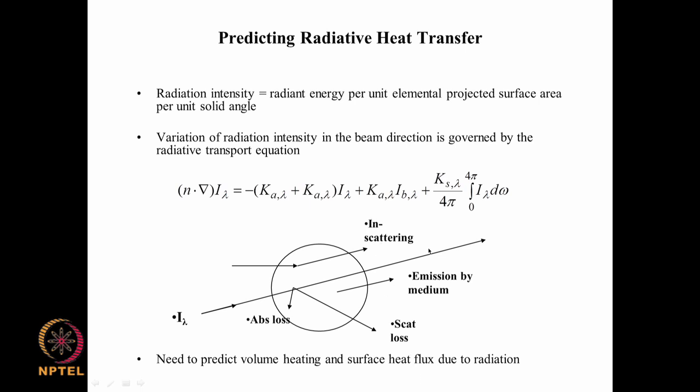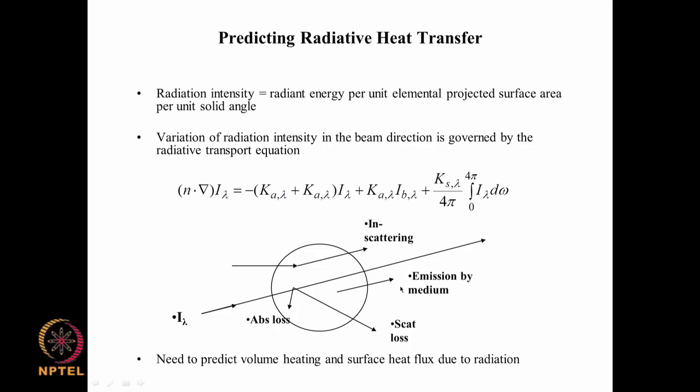While in-scattering increases the intensity of this radiation as it is going out, out-scattering will decrease the radiation, and the medium itself, because of its temperature and because of Planck's law, will be emitting radiation of a certain wavelength as per Planck's law.